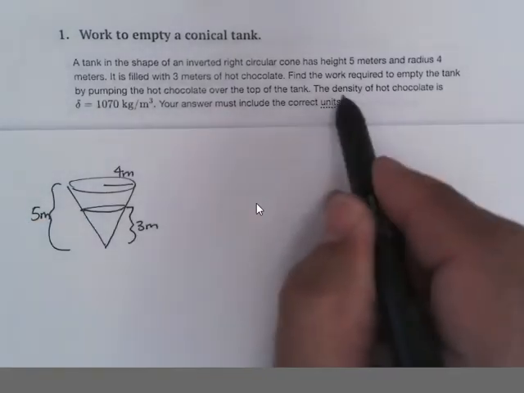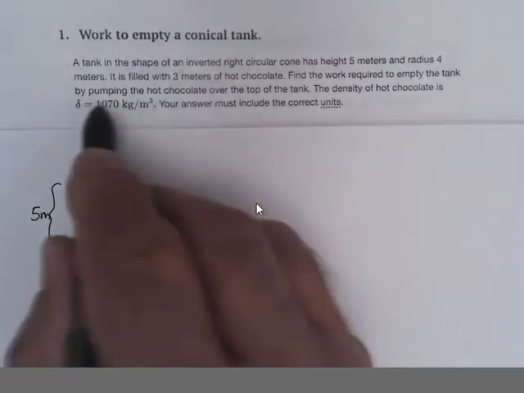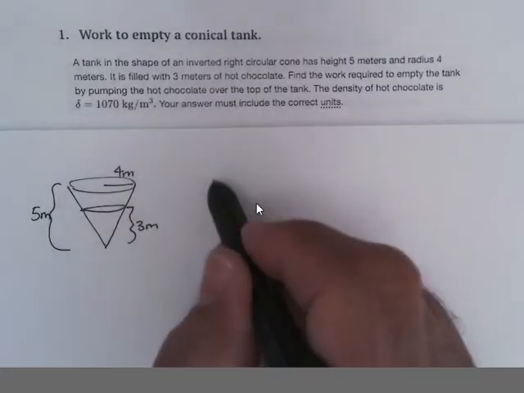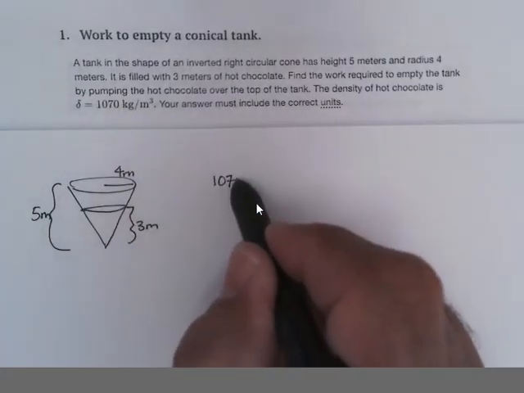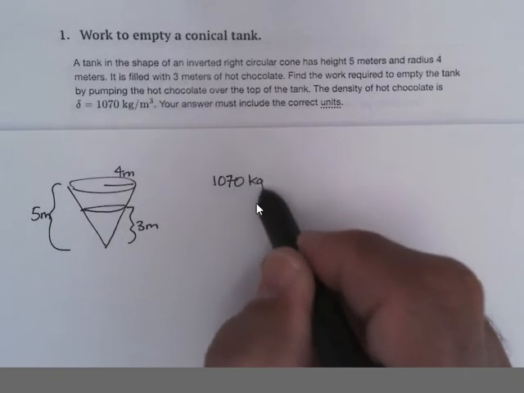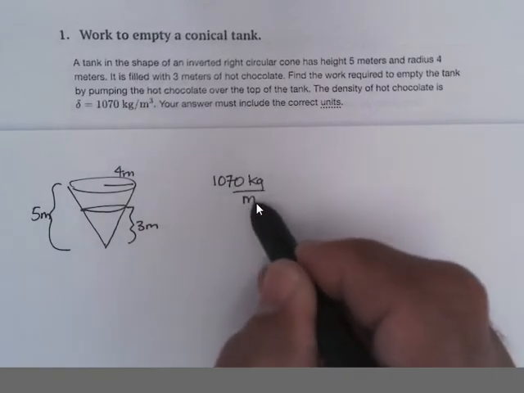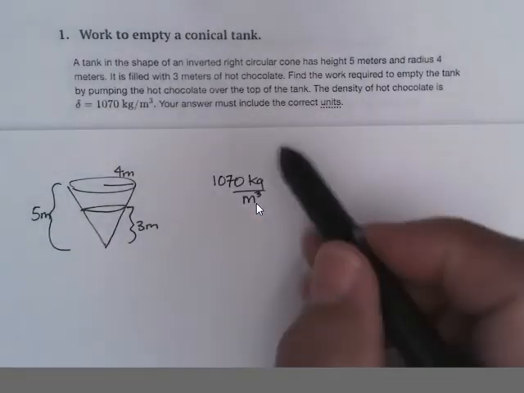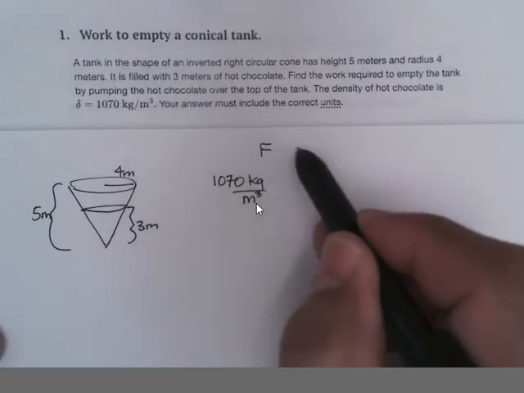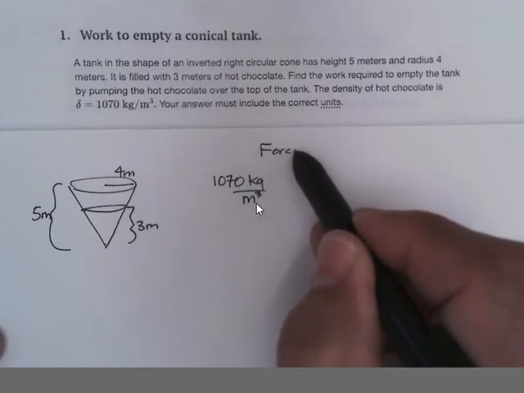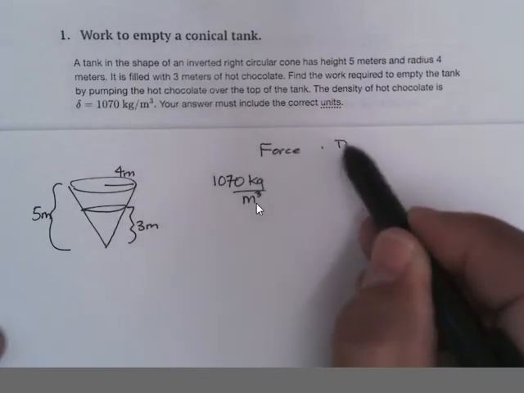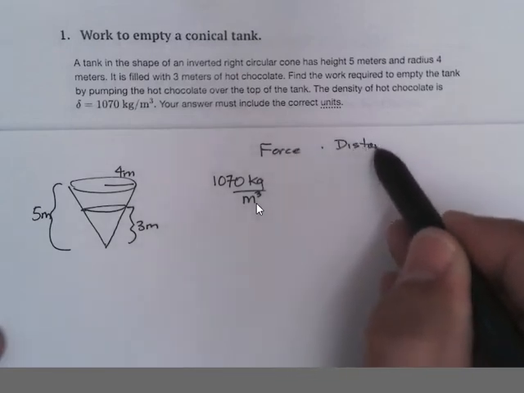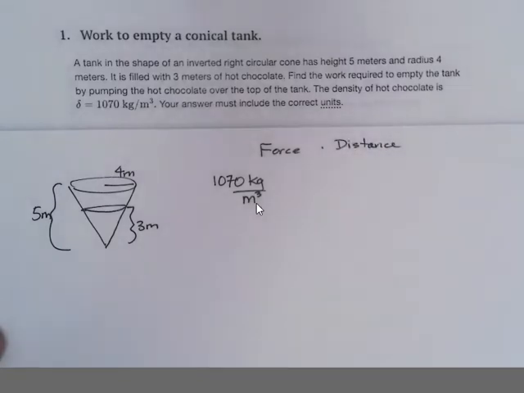The density, so this is a mass density, so 1070 kilograms per meter cubed. And we're going to work, so we have to do a force times distance to get work.